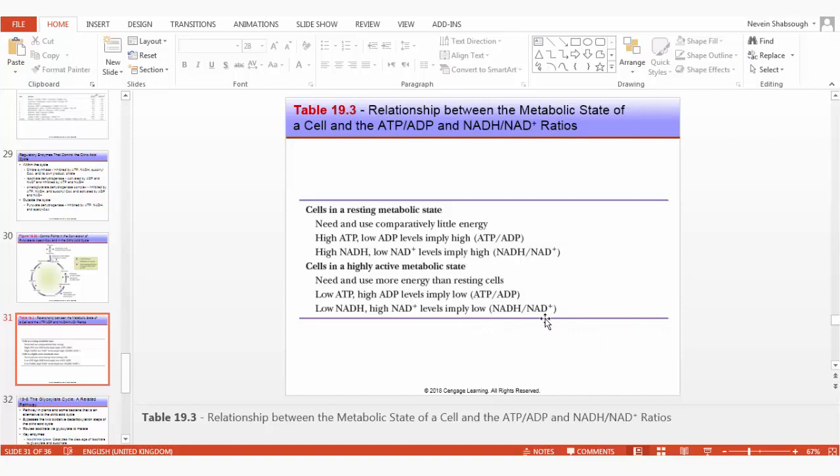This will turn on the oxidative enzymes. So as you can see, the relationship of energy requirements to enzyme activity is the basis for the overall regulatory mechanism exerted at a few key control points in metabolic pathways.